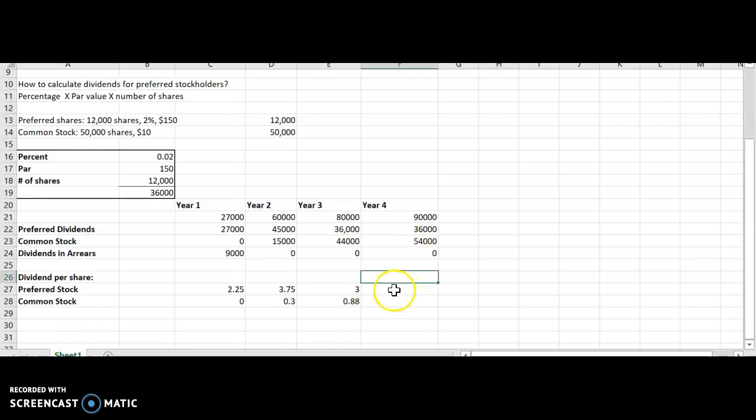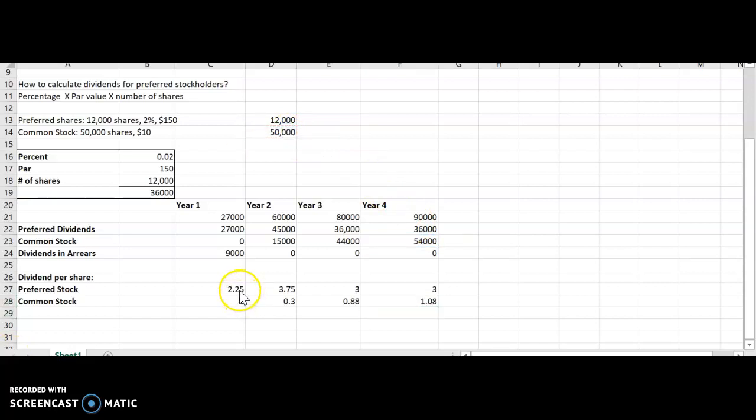For year 4, they got the same amount, 36,000 divided by 12,000. And then for common stockholders, they got 54,000 divided by 50,000.